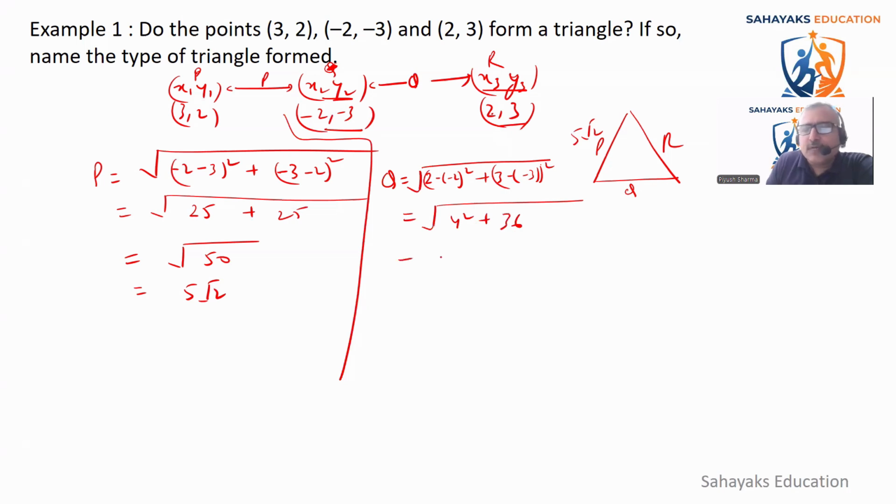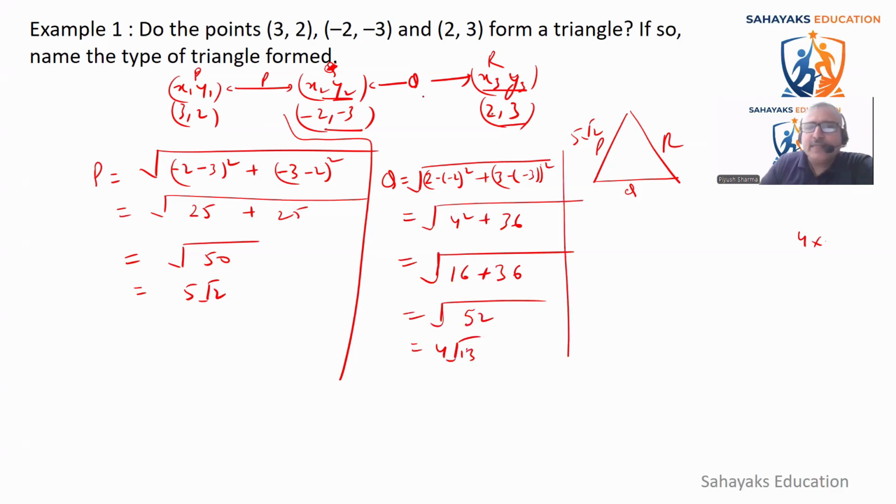So it comes out to be square root of 16 plus 36. 36 plus 16 is 52. I can write 52 as 4 into 13. I can say it is 4 root 13.